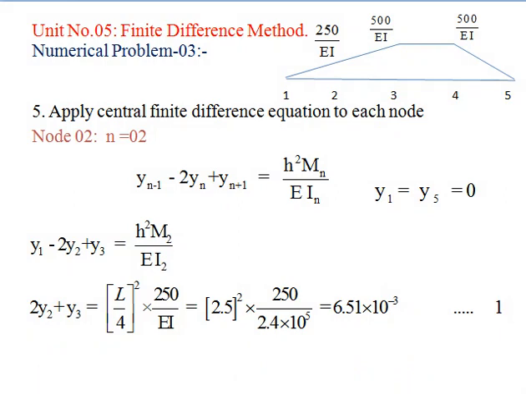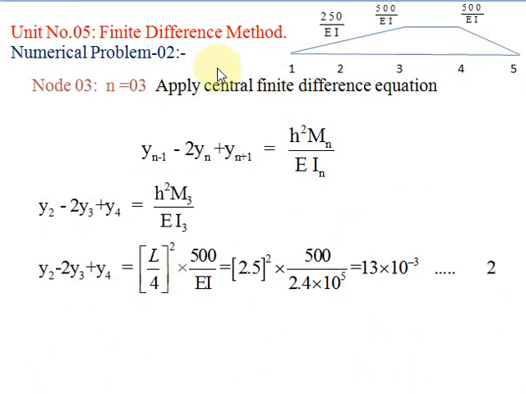Now we'll apply it for the next node, node number 3. As we are applying for node number 3, the value of n is 3. So 3 minus 1 will be 2, minus 2y3, plus 3 plus 1, which is 4, so y4.